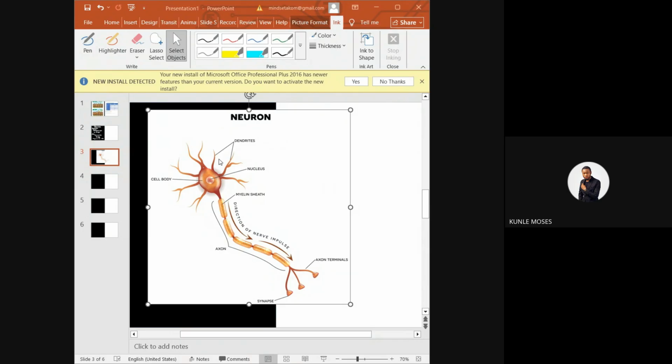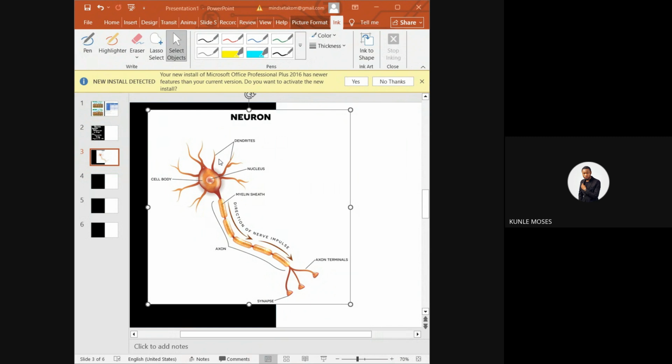Look at it there. You can see the nucleus, the center body there. The circular part is just the nucleus. The cell body, the dendrites, the axon terminal, the synapse, and the myelin sheath. So let's start with the dendrites. You can see they have all this branch-like extension around the cell body.